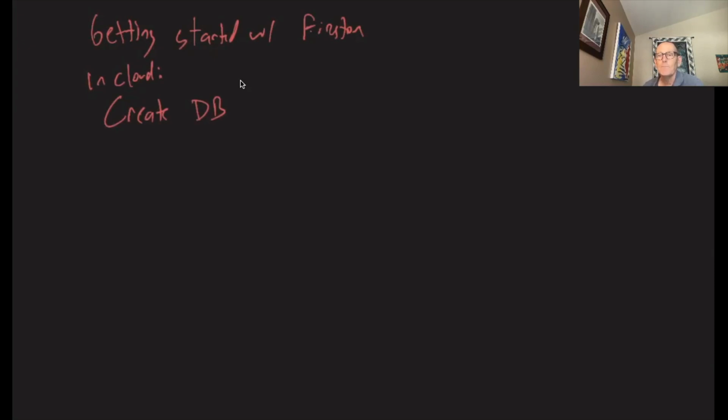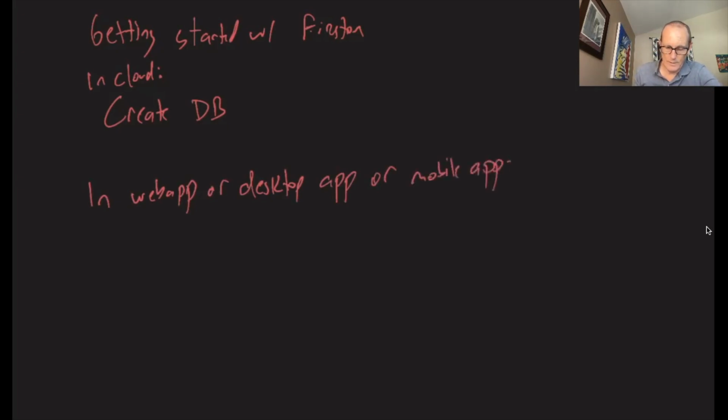So you create a database, and then it's possible from the API to go ahead and create both records and collections and do queries. So you don't need to specify really anything else. So you just create the database, and then you can, in let's say a web app or desktop app, or a mobile app, create documents.